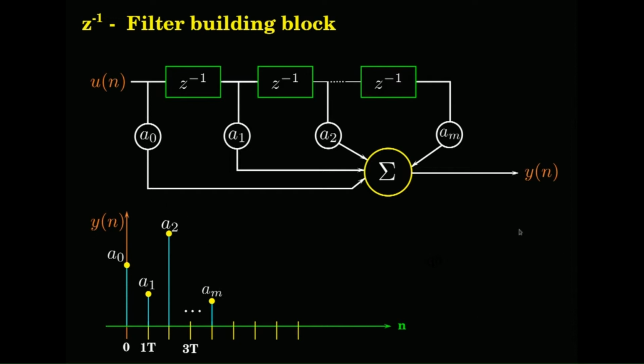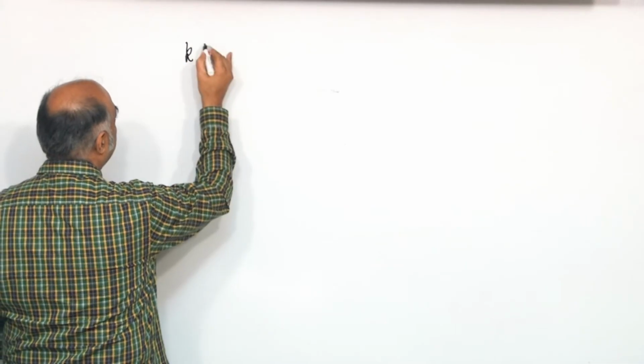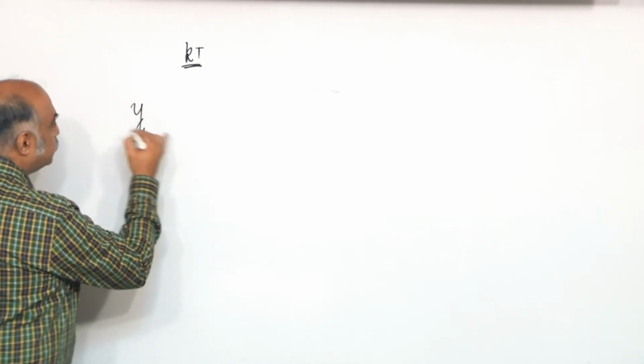Now let us look at the relationship between the output and the input. If I take a snapshot at some instant k, at some instant kt, I have y[k].